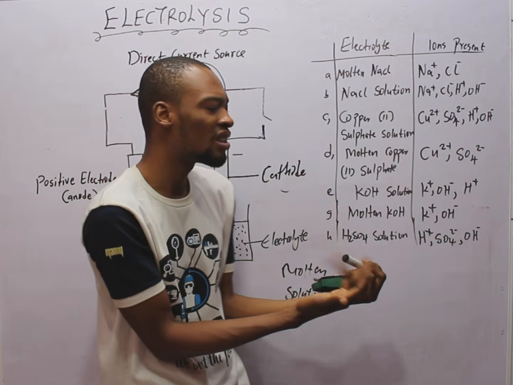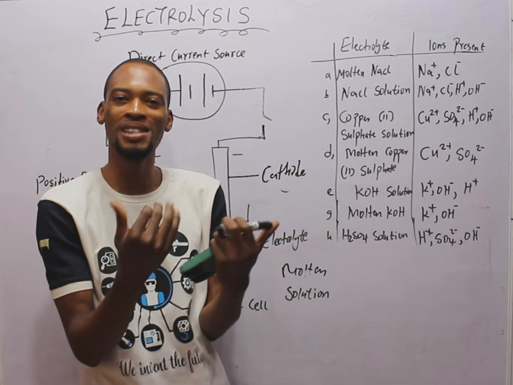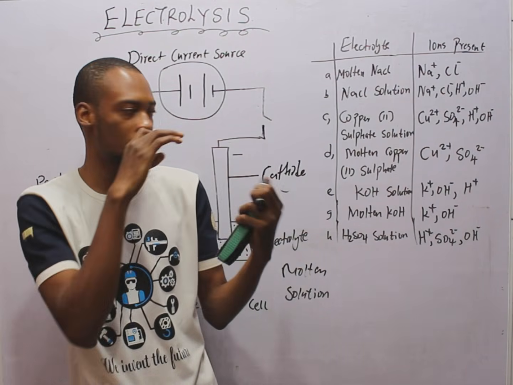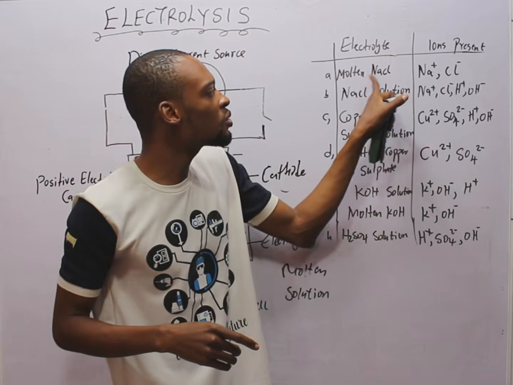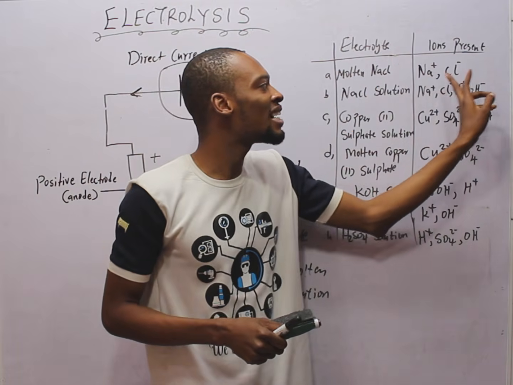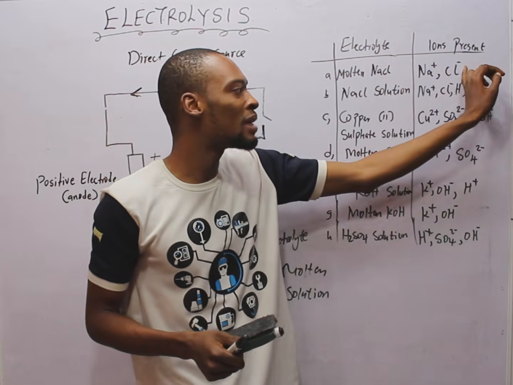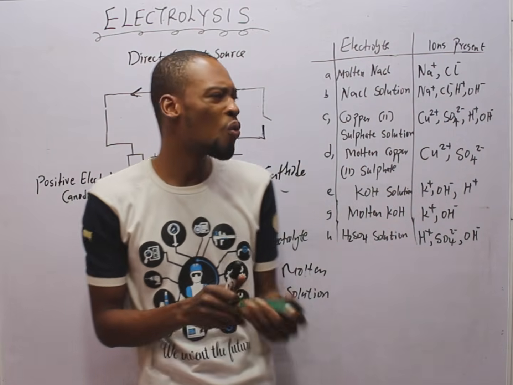What is an ion? An ion is an atom or group of atoms which possesses an electrical charge. So, given molten sodium chloride, the ions present are Na plus and Cl minus, plus 1 and minus 1. Why?